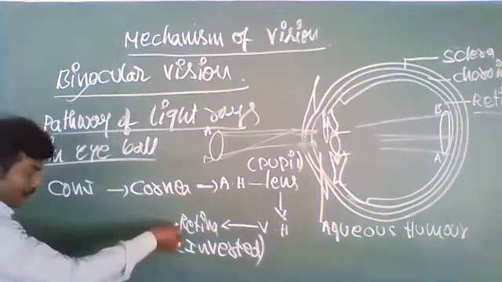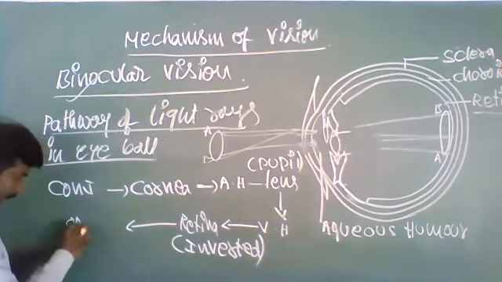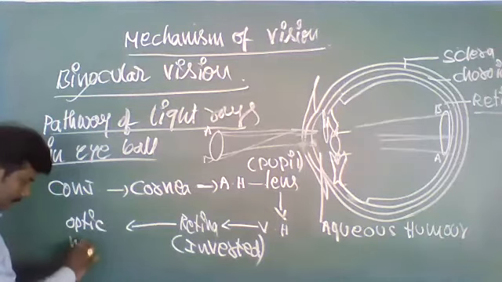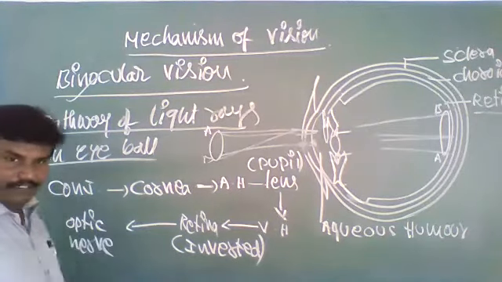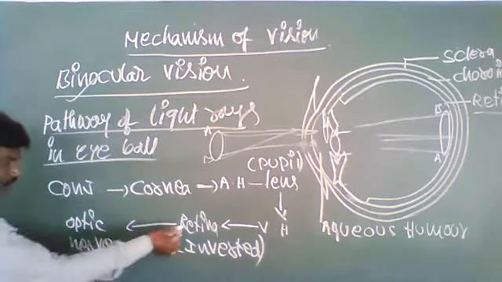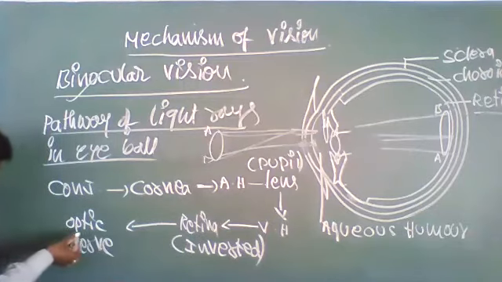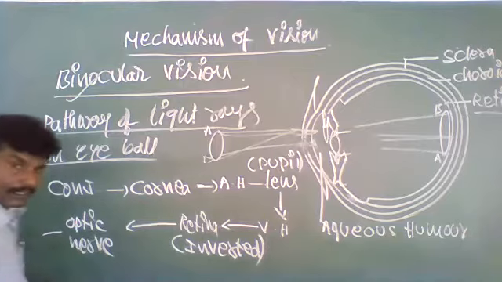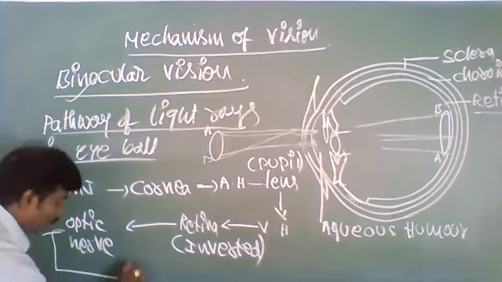Inverted position from retina to optic nerve. So from the retina, the inverted image through the optic nerve reaches the brain.